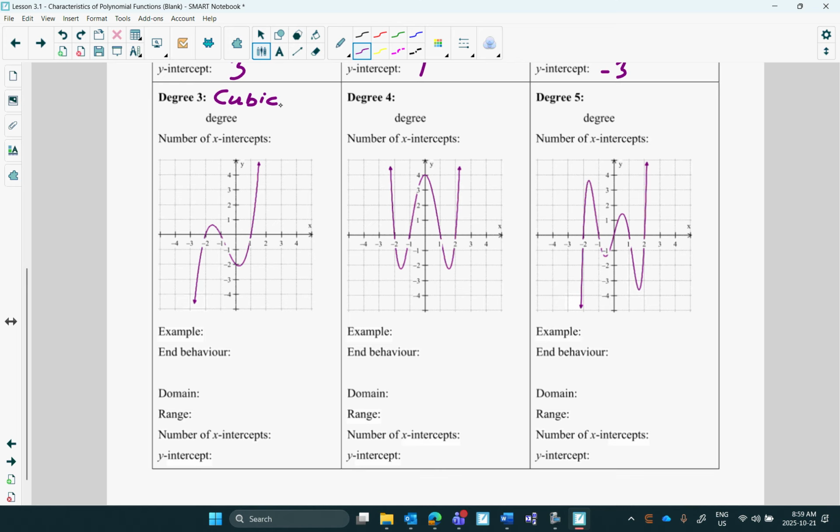Since the degree is 3, that is an odd number, so it is an odd degree. The number of x-intercepts. Well, it is possible to draw one where there's only 1. It is possible to draw one where there is 2. And in the one I've given you, there's 3.